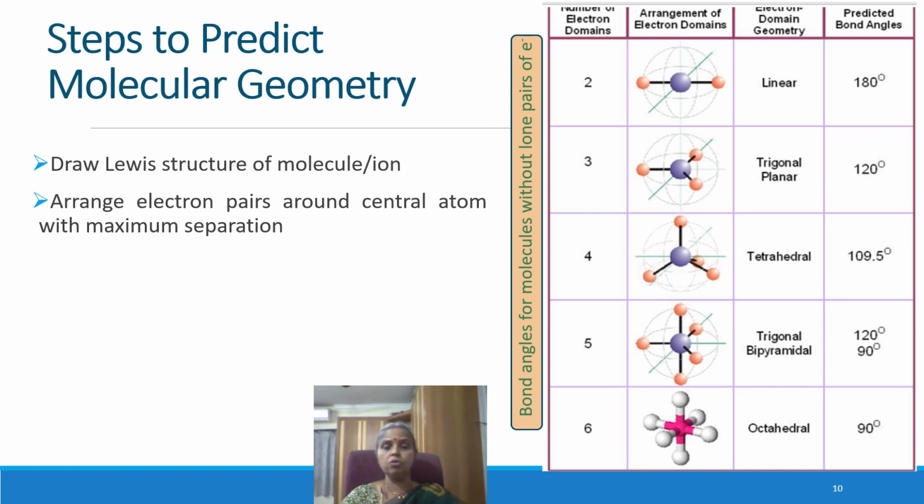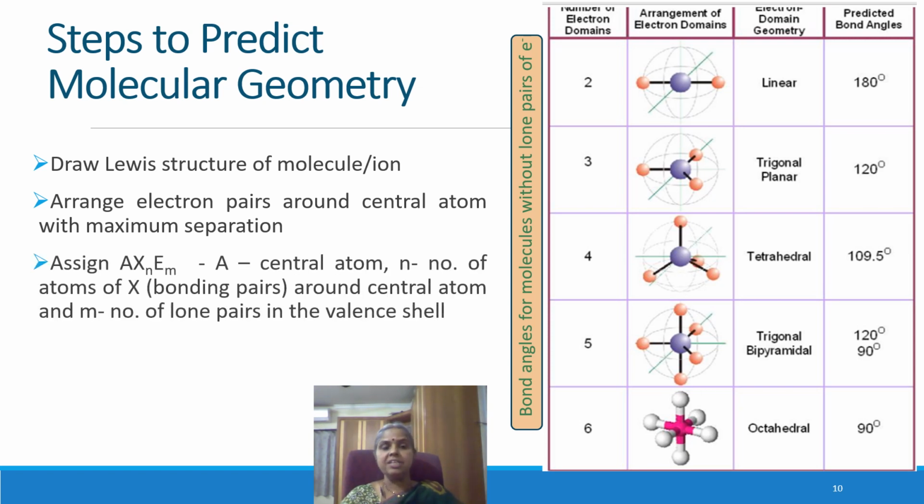Already we have learnt how to draw Lewis structures. So draw the Lewis structure of the molecule or ion. Arrange electron pairs around the central atom with maximum separation, and assign A, X, N, E, M. A is the central atom, X is the bonded atom, N is the number of bonded atoms, and E refers to lone pairs.